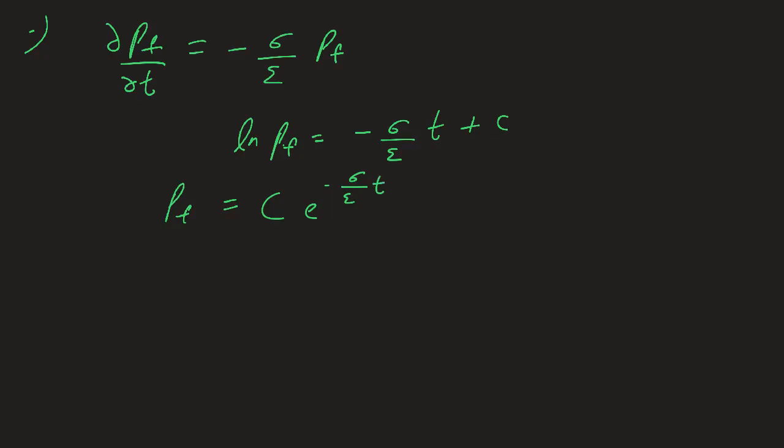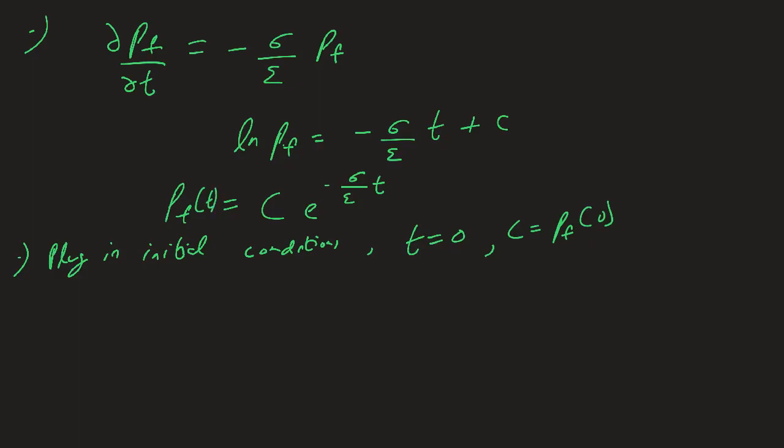And if you plug in initial conditions, say t is equal to 0, then what you find is that c is equal to the free charge density at time 0, because there's of course some time dependence here.